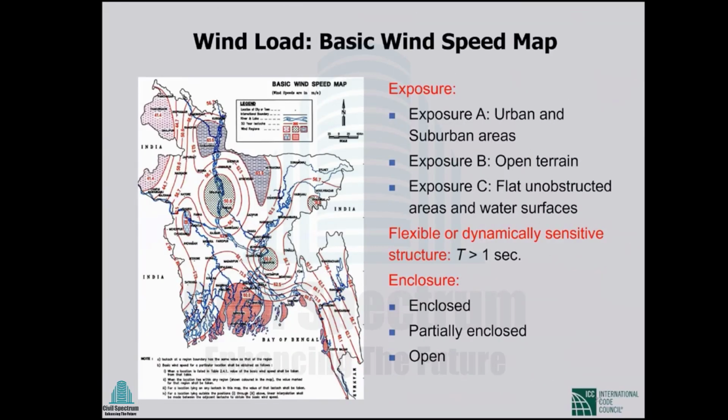The most important one is the basic wind speed. If you compare the basic wind speed map with the earlier version of the code, you'll see those two maps look exactly the same. The values are different. Why is it so? Actually, no new calculations were done this time because the code in the previous version was quite conservative.